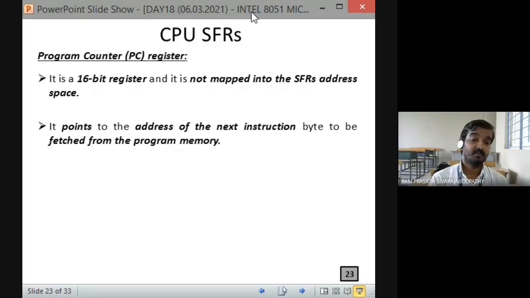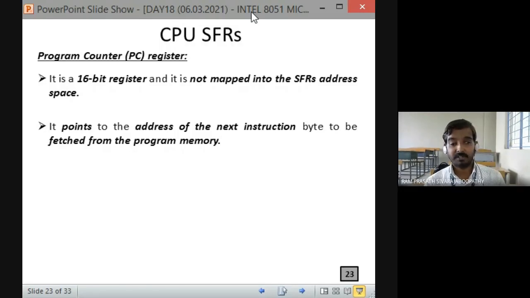So in class we saw the memory organization, how internal and external memory are arranged. Then we saw how the internal RAM address space is divided into 3 areas, and what those areas and their purposes are. Then the upper 128 memory locations are mapped for SFRs.